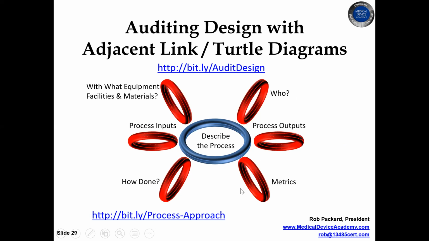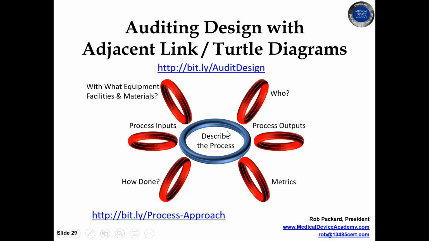You want to look at metrics, any quality objectives that might have been established for that process. In the procedures and forms, make sure they're adequately documented and the procedure and form match what they're actually doing. So all these red links are adjoining links that you want to be looking at very carefully.